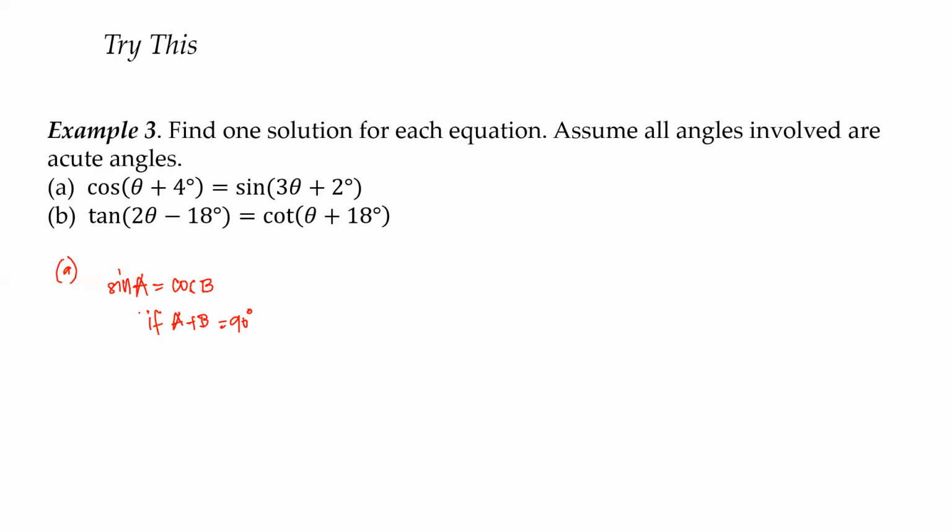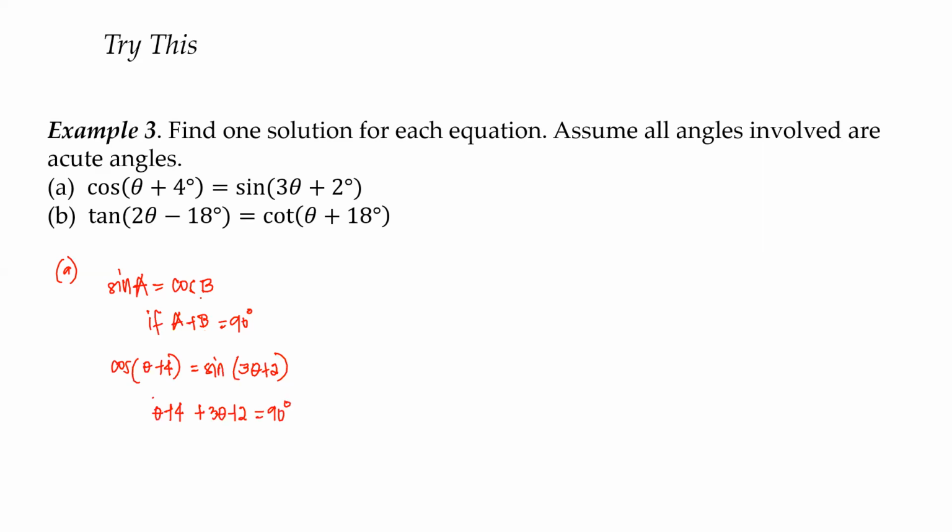So therefore, for cosine of theta plus 4 equal to sine of 3 theta plus 2, theta plus 4 plus 3 theta plus 2 is equal to 90 degrees.